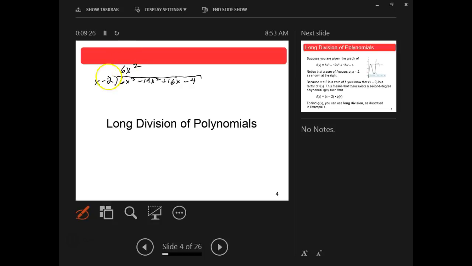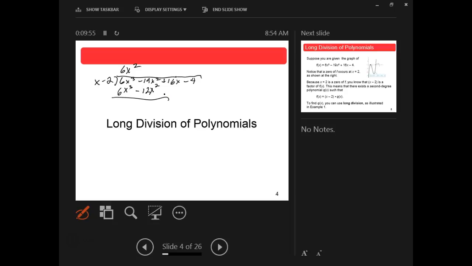Multiply. 6x squared times x is 6x cubed. And 6x squared times negative 2 is negative 12x squared. All right. Then what do we do?